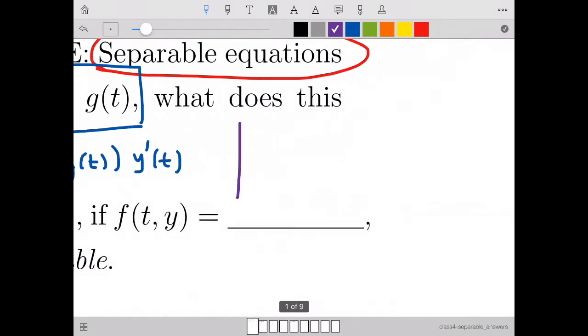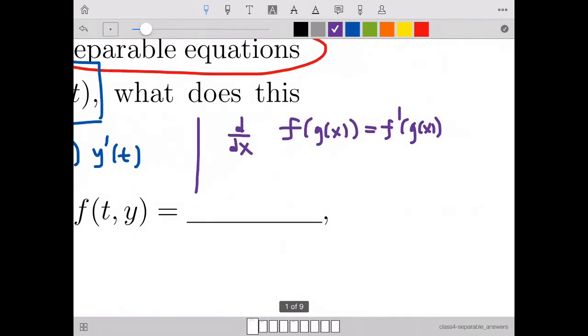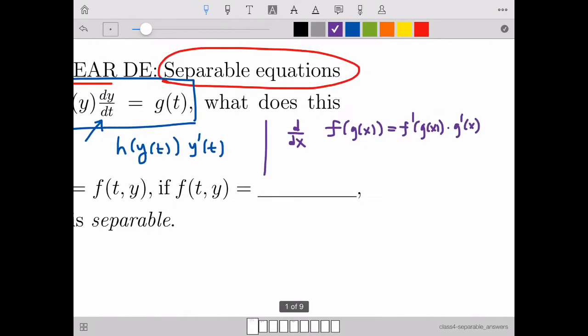If we have a composition of f and g, a function of x, and then we take the derivative with respect to x, we take the derivative of the outside function, and then we multiply that by the derivative of the inside function, right? So compare this with that.